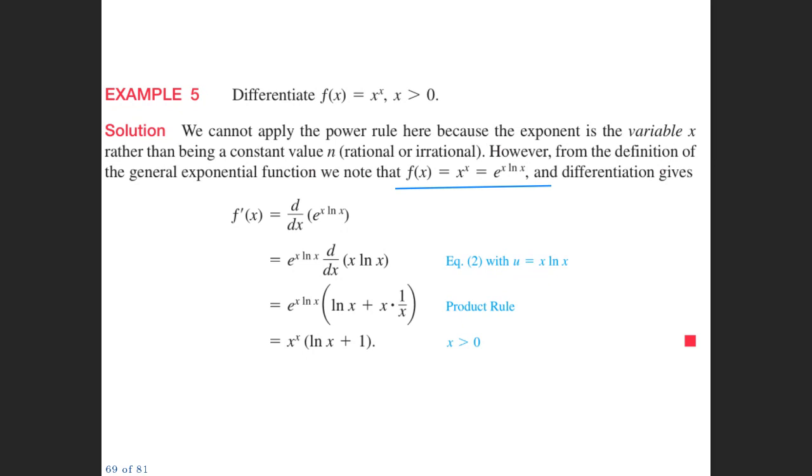And if we differentiate this using the chain rule, e to the power x ln x multiplied by the derivative of x ln x, and I'll leave it for you to check, we get x to the power x times ln x plus 1.